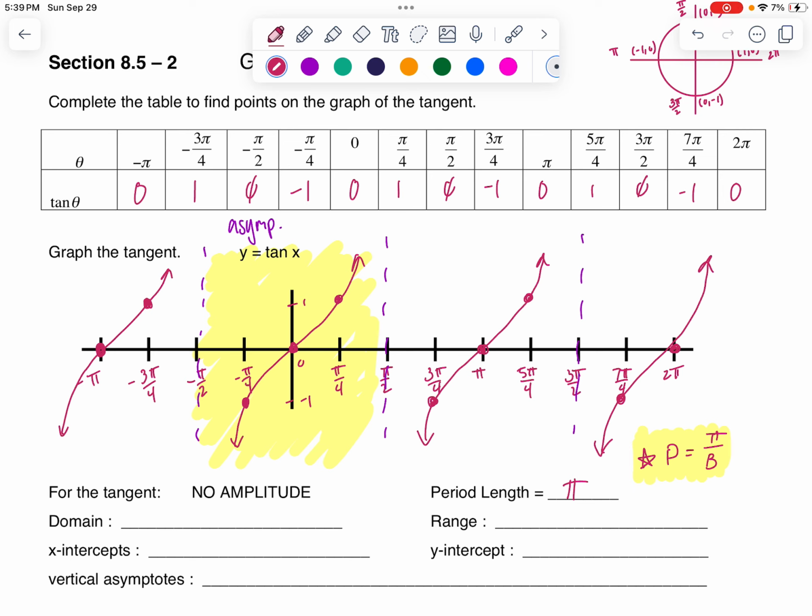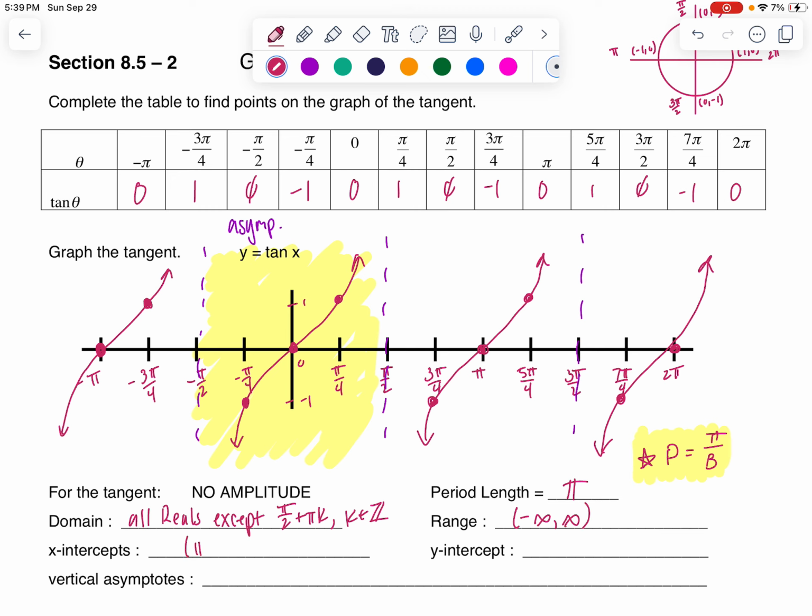The domain is all reals, except when we have pi over 2 plus pi times k for some k in the set of integers. Our range, like I said before, is negative infinity to infinity.